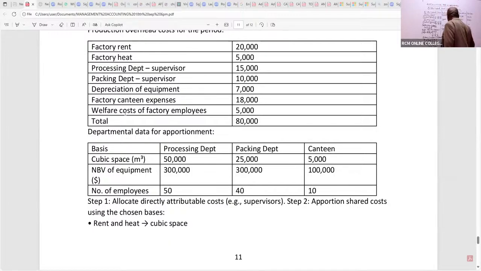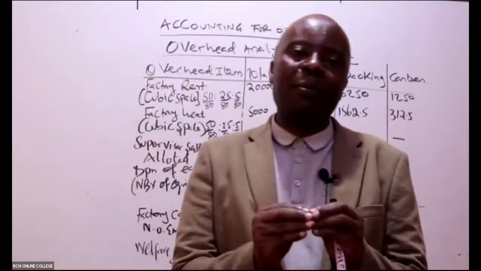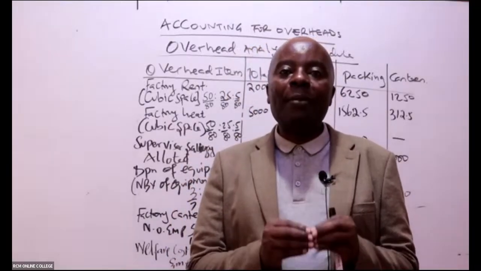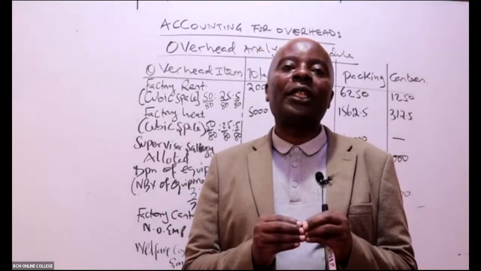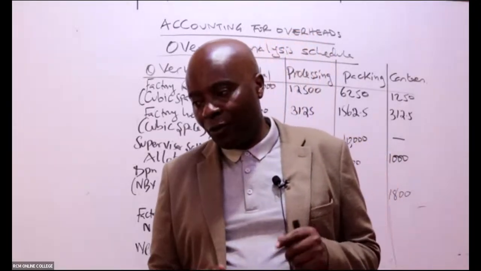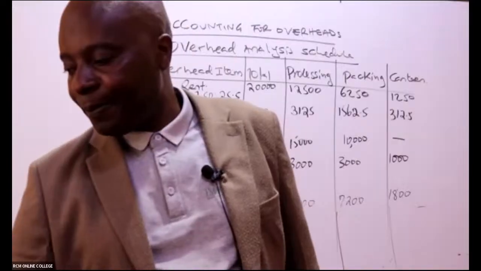We shall use number of employees, because, ladies and gentlemen, the more employees you have in a department, the more welfare services you need. So if you've got many employees in a department, then absorb more of that cost to yourself. Thank you very much. You're very right.